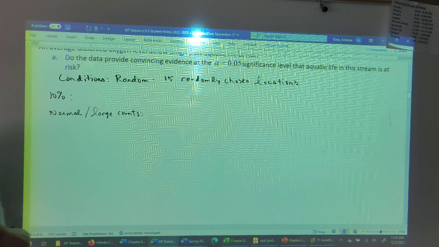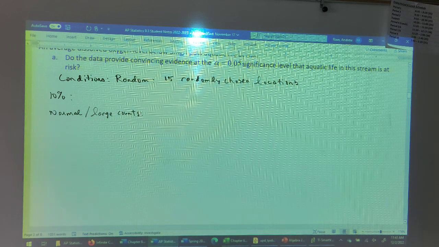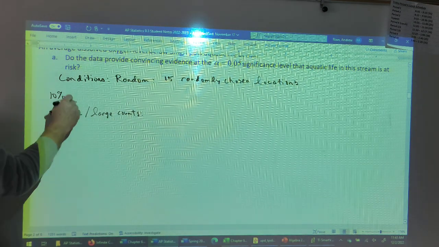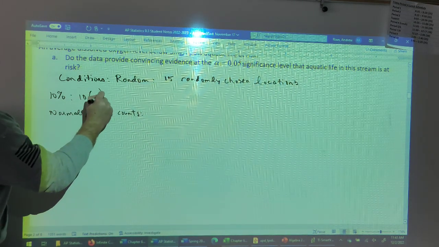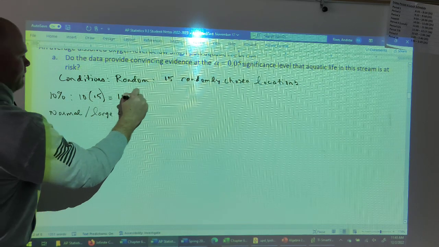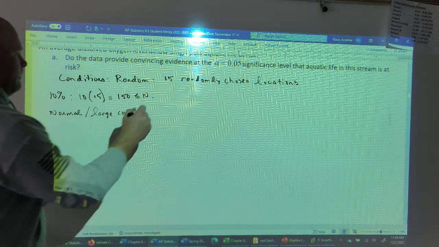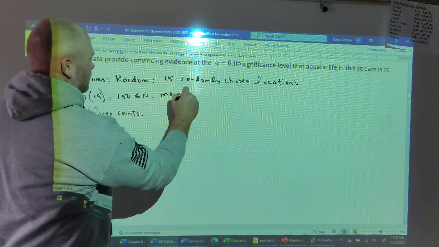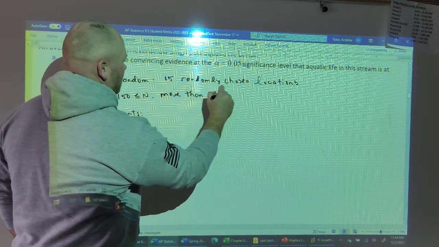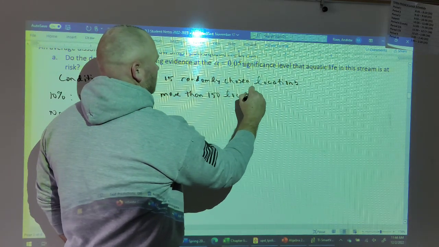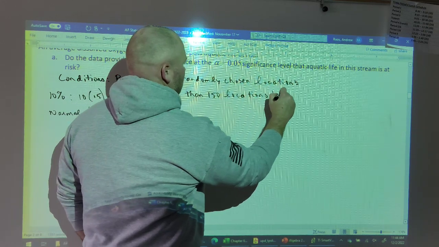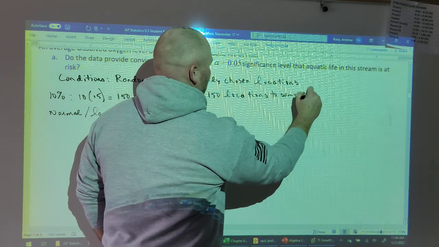For the 10% condition, 10 times 15 is 150. So we're assuming there's more than 150 locations at the river, right? Technically there'd be an infinite amount of locations, but more than 150 locations to sample from.